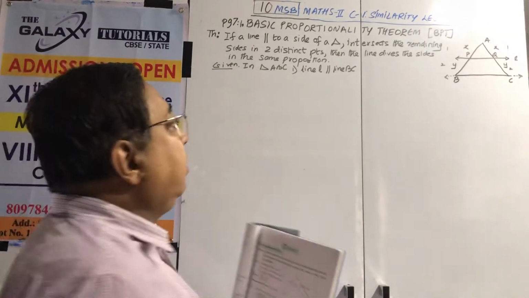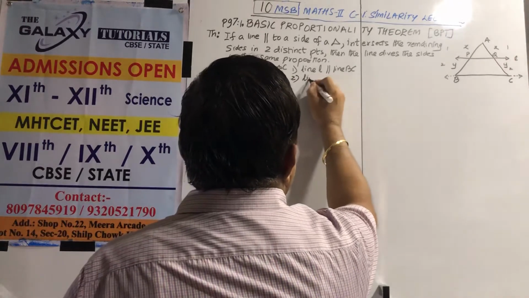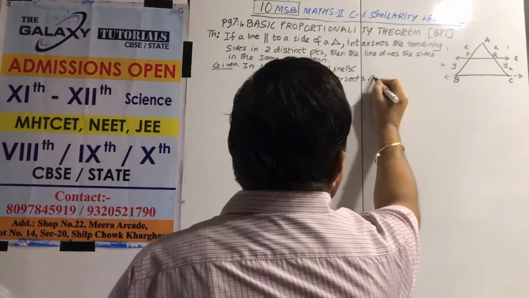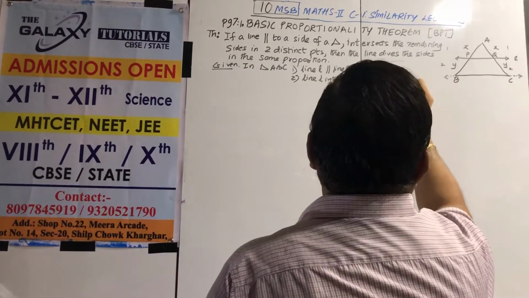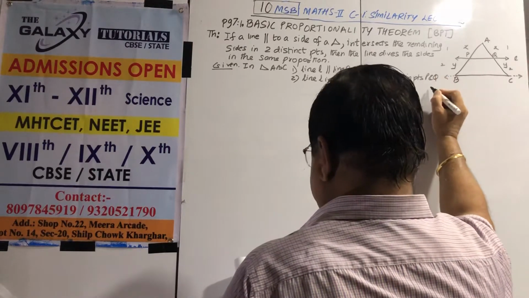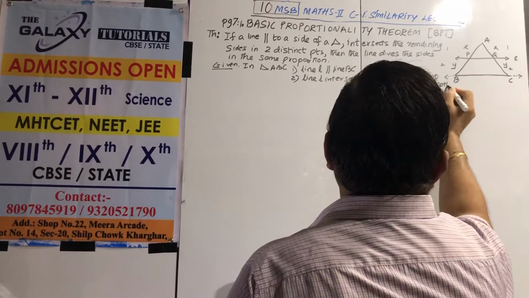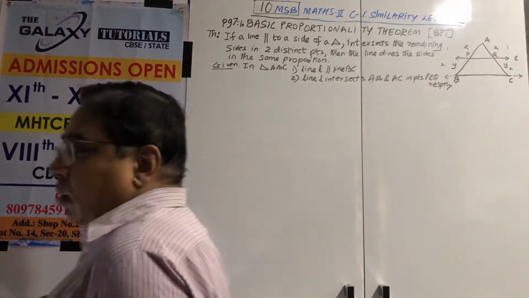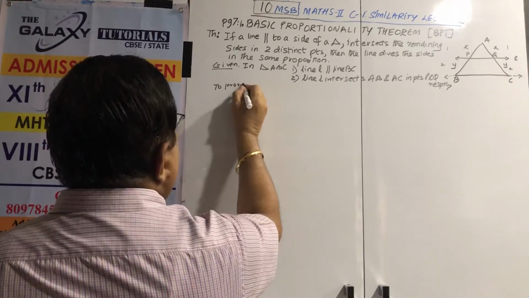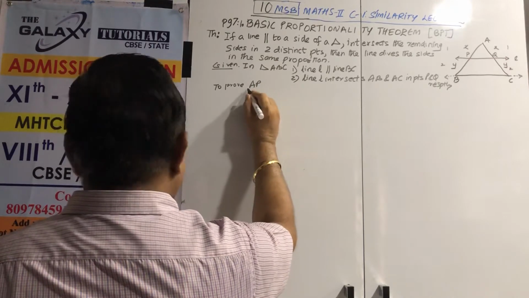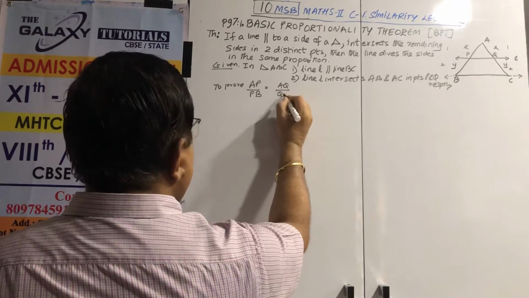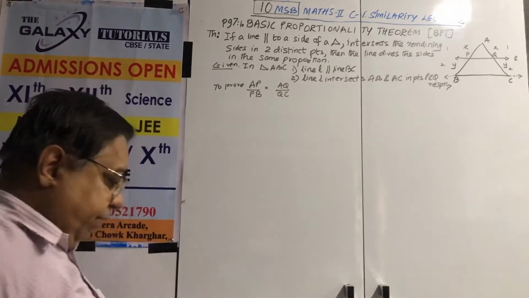And second, line L intersects AB and AC in points P and Q respectively. Then we have to prove AP upon PB is equal to AQ upon QC. That is what, my friend, it says.